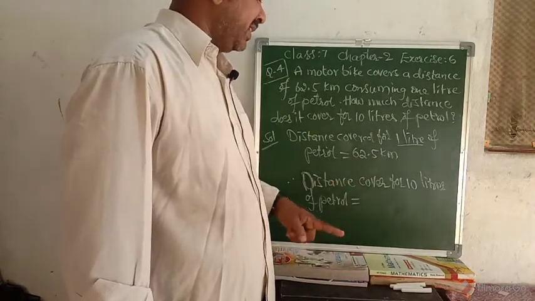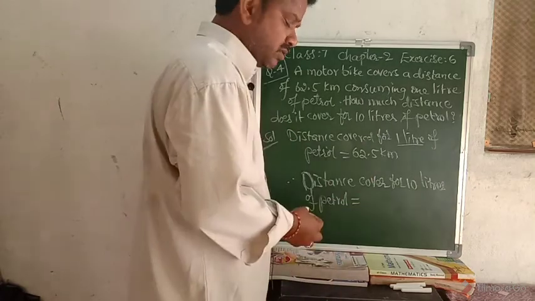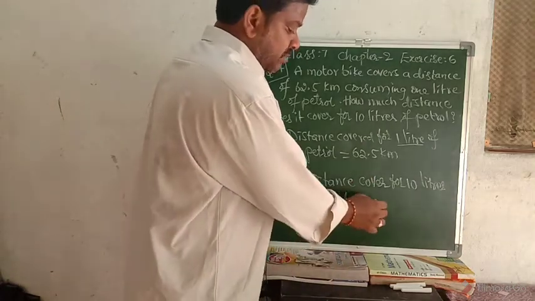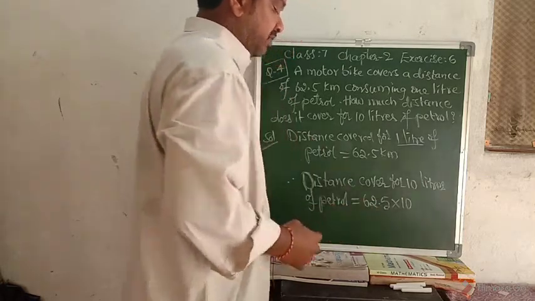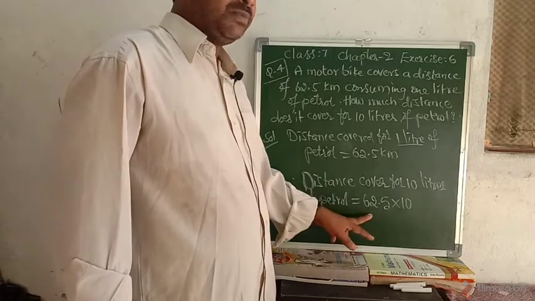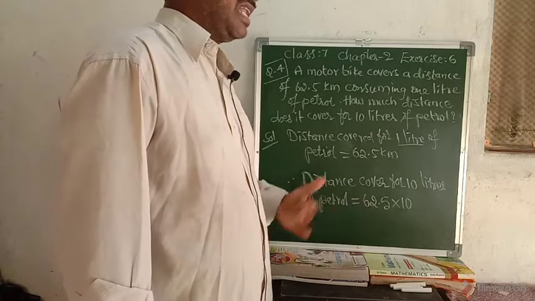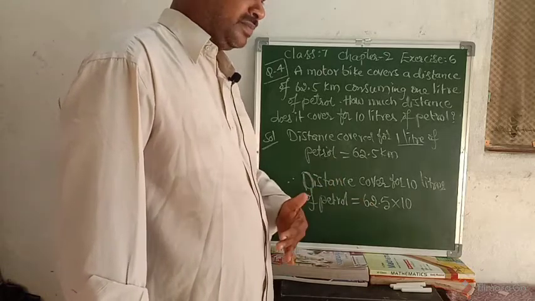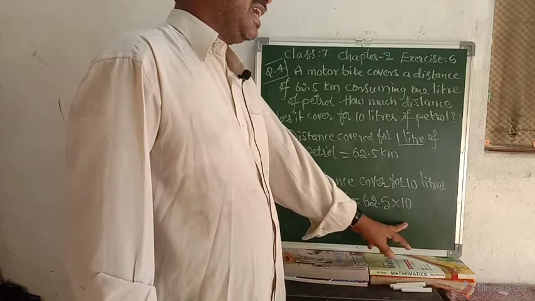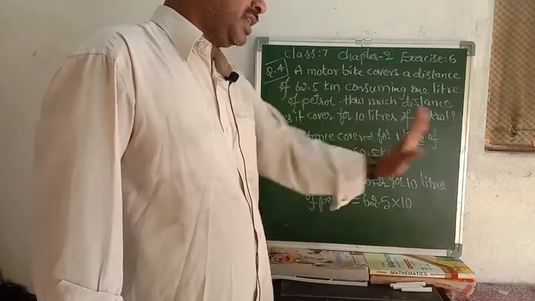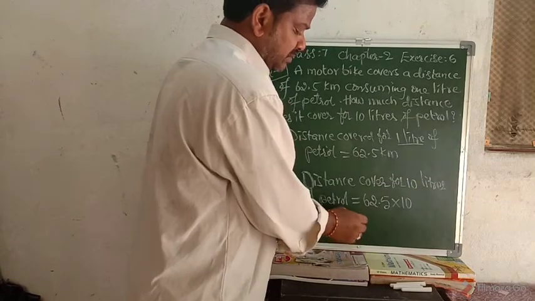So to find the distance covered for 10 liters of petrol, we multiply 62.5 into 10. Now we know how to multiply a decimal number by numbers ending with zeros, like 10, 100 and 1000. When we multiply a decimal number by these numbers, the decimal point moves to the right as many places as there are zeros in the multiplier.